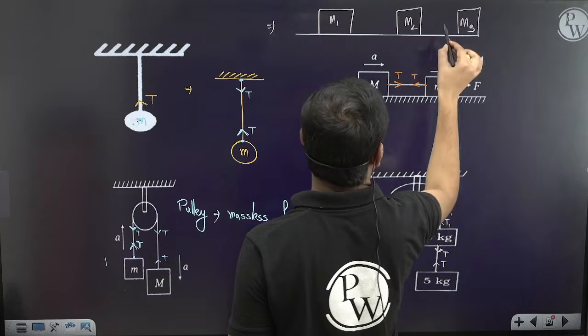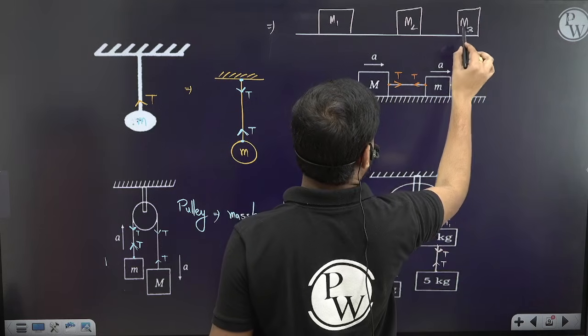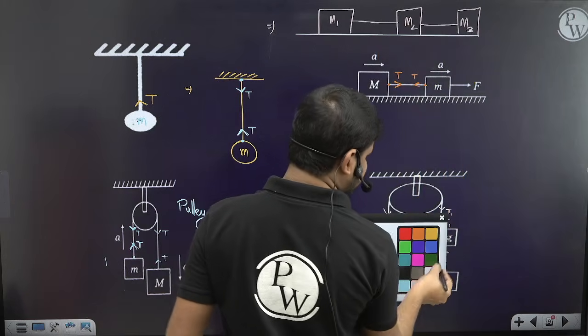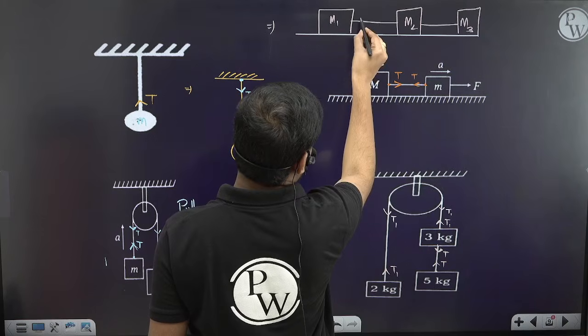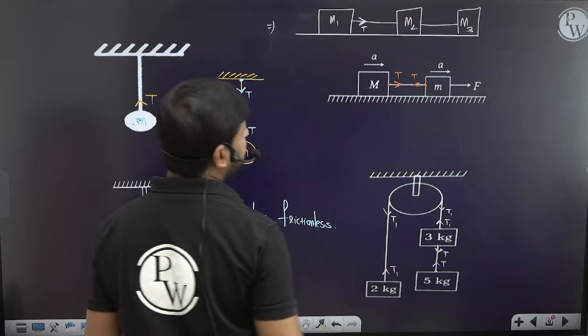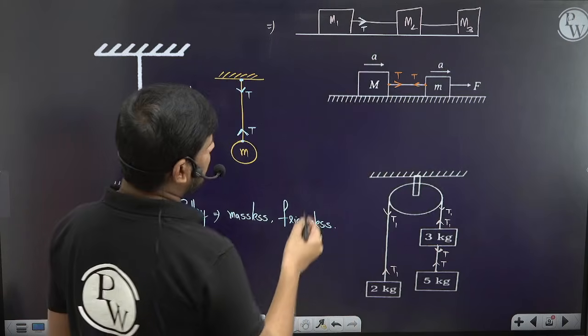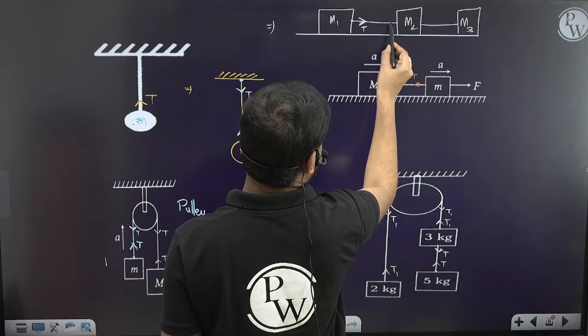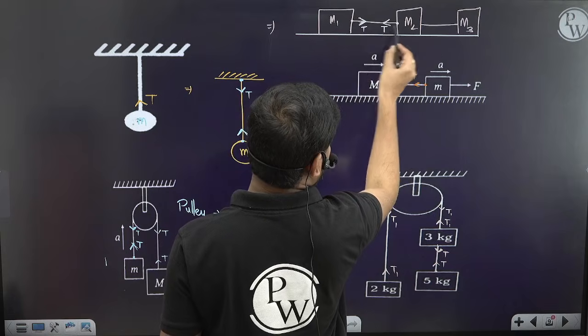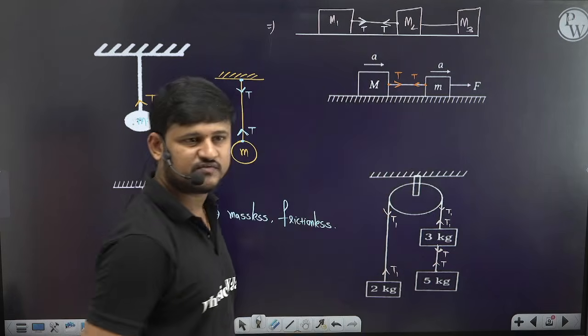These three are connected by a string, so here to here a string and here to here a string. Now let's write the tension forces, guys. From here to here, let's consider the tension is T away from the point of contact. Throughout this string there is no mass in between, right? So here also the tension T away from the point of contact.